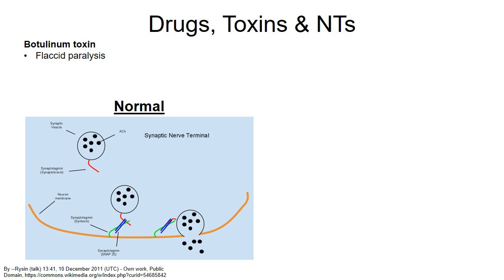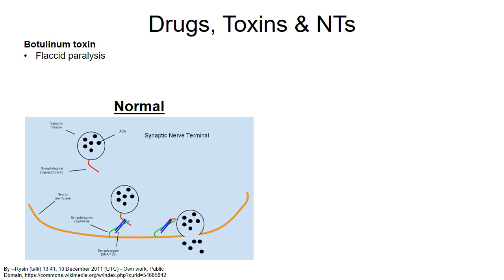Now we get into what I think is the fun part. What happens when we have molecules that are interfering with neurotransmission? So drugs, toxins, poisons, and so forth. A few of these, for those that had me for 231, we've run into already. Remember that in order for a neurotransmitter to be released from the presynaptic vesicle, you have to have calcium coming in, which is going to cause that vesicle to dock with the cell membrane using SNARE proteins.